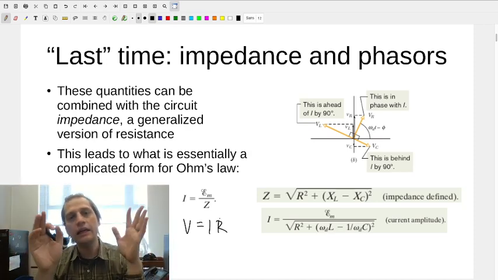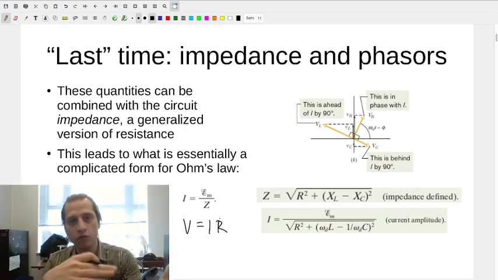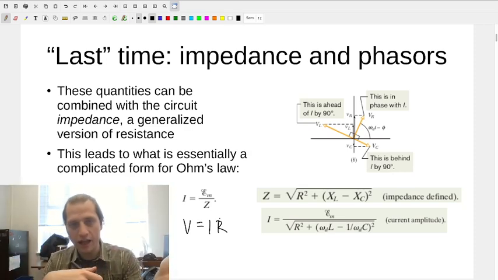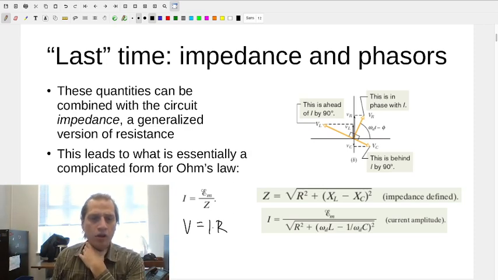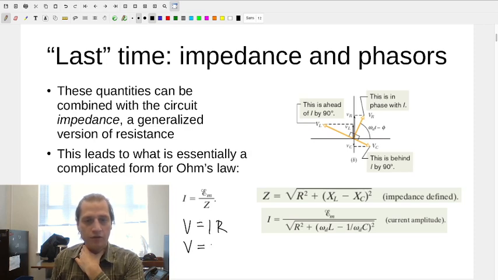But in an AC circuit, the voltage is always changing. And because the voltage is always changing, you get the response of the capacitor or the inductor. So we tried to capture that with the impedance, which was just like V equals IR, except for these different circuit elements. V equals I, and then instead of R, we put an X there.